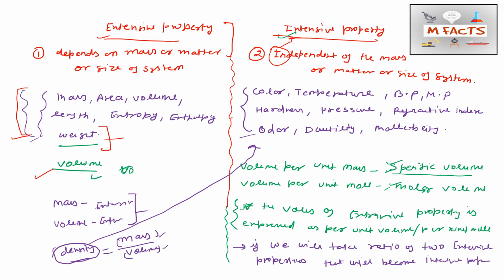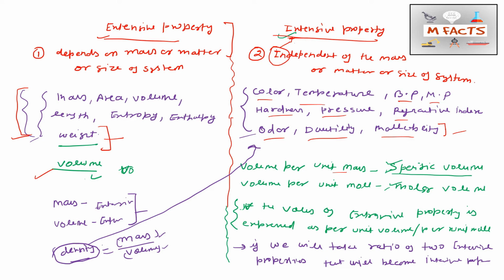Color, temperature, boiling point, melting point, hardness, pressure, refractive index, odor, ductility, malleability, these are all intensive properties. Whenever we take volume per unit mass or volume per unit mole, this is one example. If we take any extensive property per unit mass or per unit volume, that will be an intensive property.